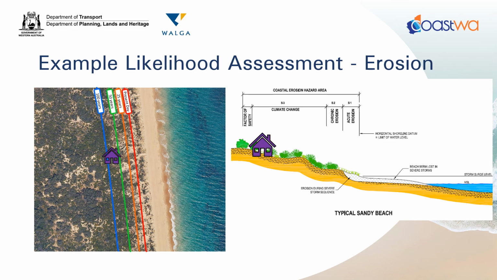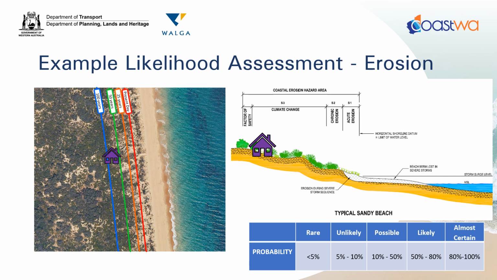So our house is located somewhere in that zone. Once we've gone through and assessed the probabilities of each of those things occurring, we can then look at what our overall scale of likelihood is, and make our assessment on where that sits.